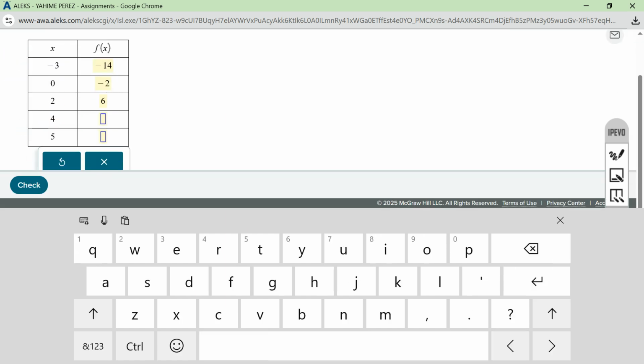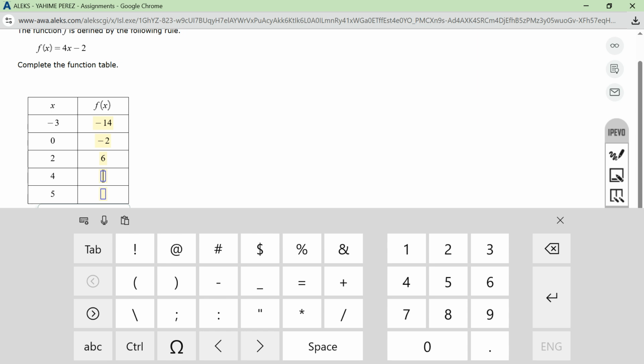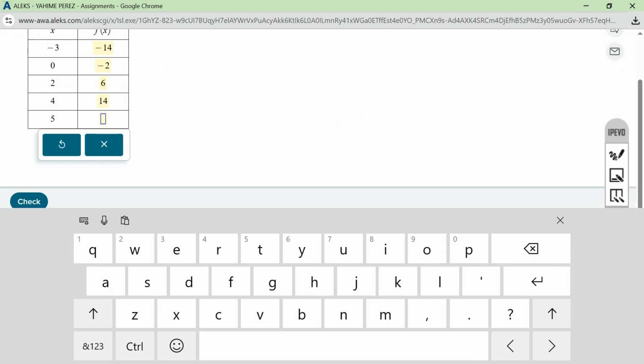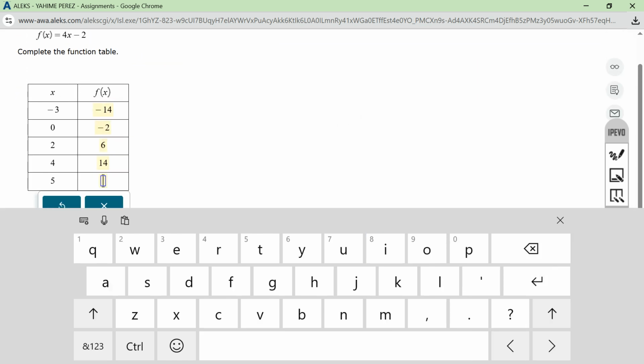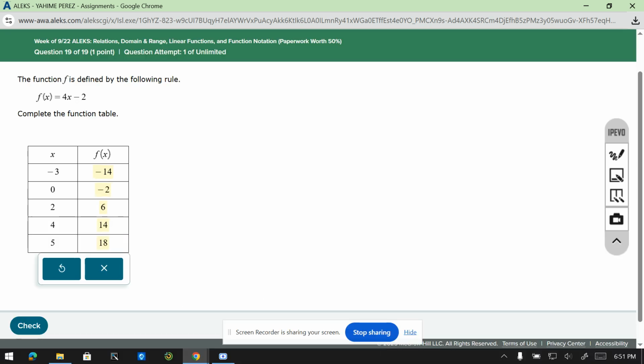Okay, the next one would be 4 times 4, which is 16, 16 minus 2, which is 14. And the last one is 4 times 5, 20, minus 2, which is 18. All right.